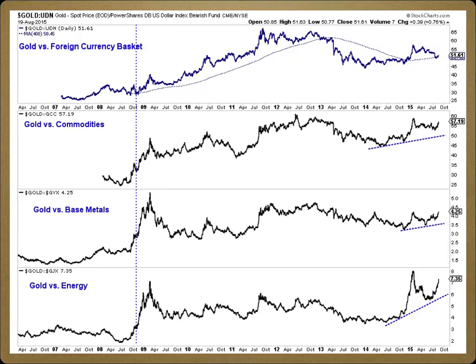Now, what we're looking at here is essentially gold against the foreign currency basket, gold against commodities, gold against base metals, and gold against energy. We're also going to look at some other relationships in the next chart.